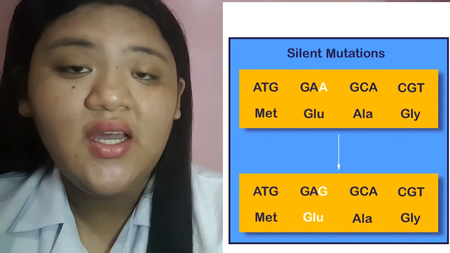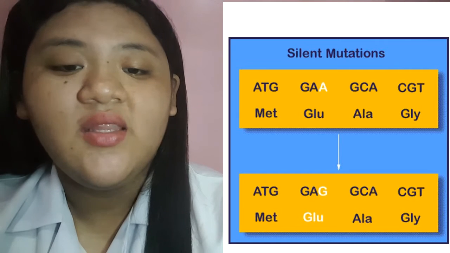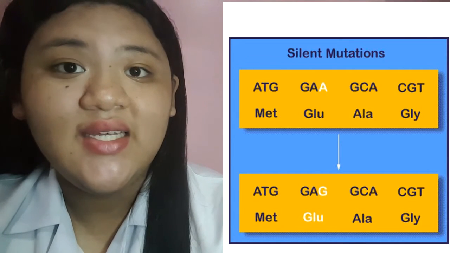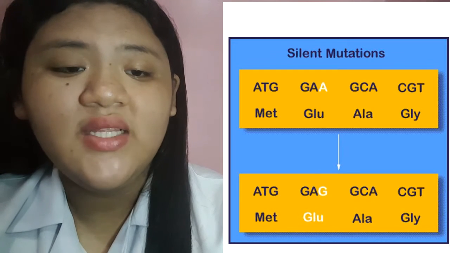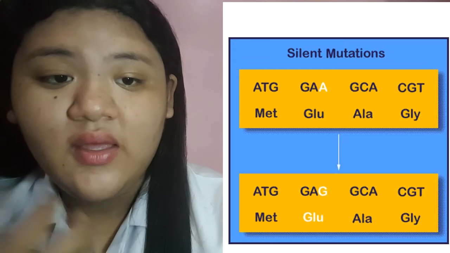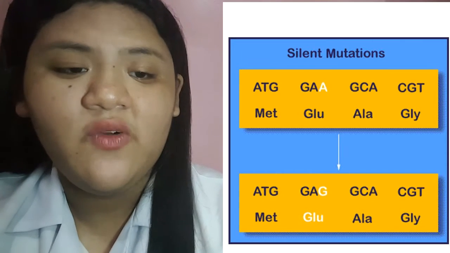For example, for the group of codons ATG, GAA, GCA, CGT, the protein that is encoded is methionine, glutamic acid, alanine, and glycine. The protein would be the same in the next one, but the DNA sequence is different.